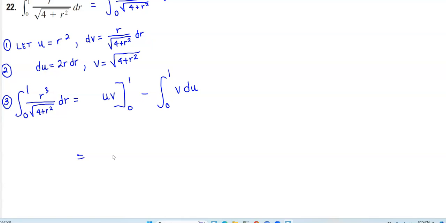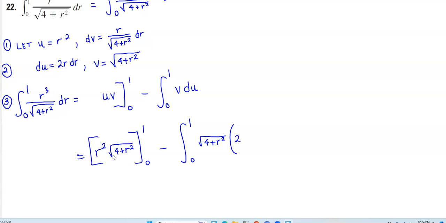So we know that u is r squared, so we have r squared times the square root of 4 plus r squared, going from 0 to 1, minus v, which is the square root of 4 plus r squared, times du, which is 2r dr.